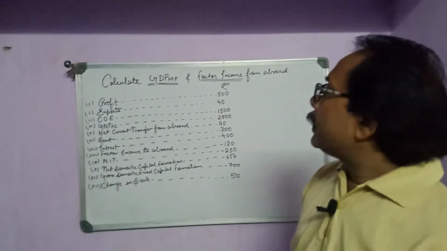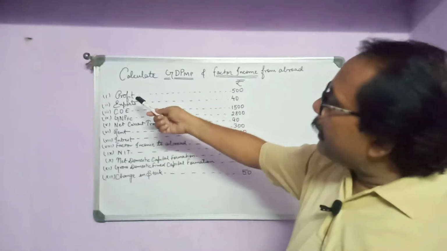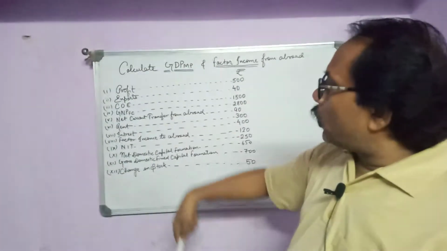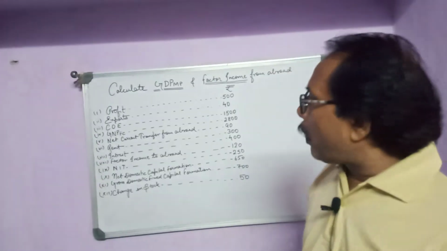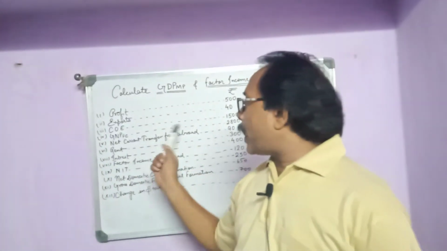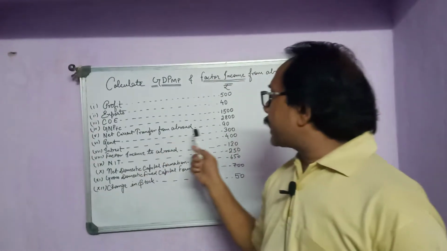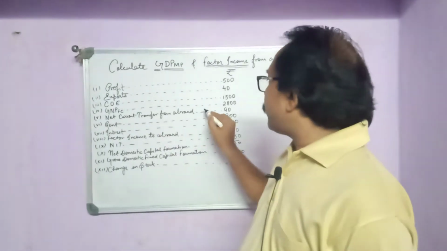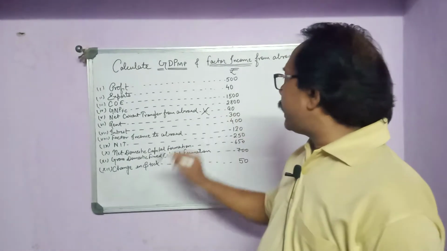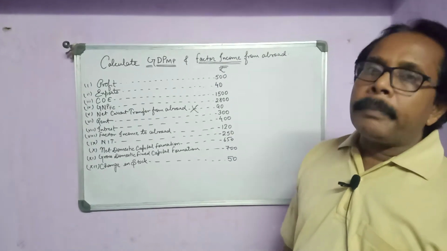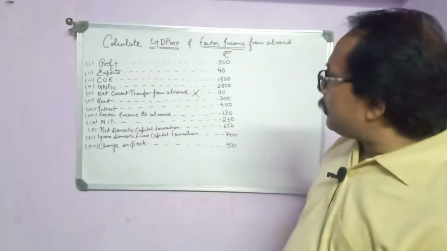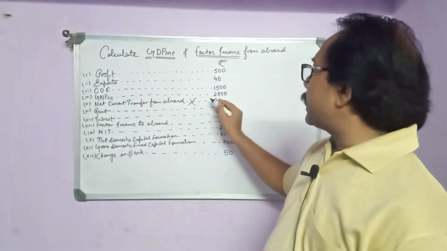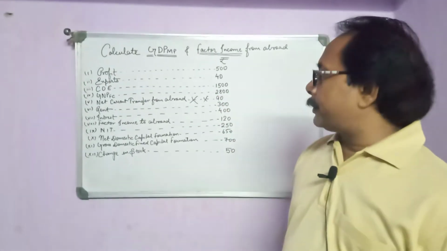Is it clear? So here we find profit, exports, compensation of employees, gross national product at factor cost, net current transfer from abroad. Net current transfer will not be included in national income or domestic income, so this data we directly cut.